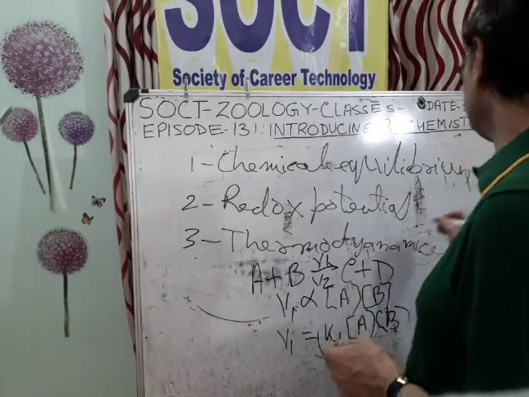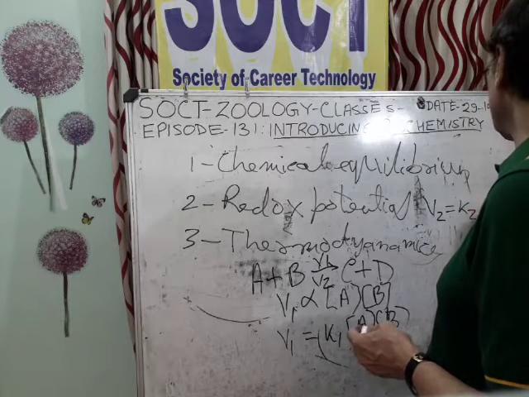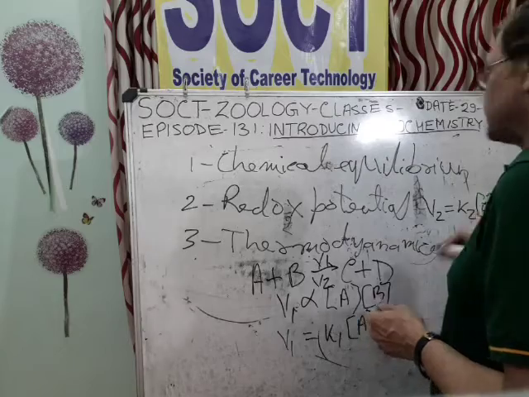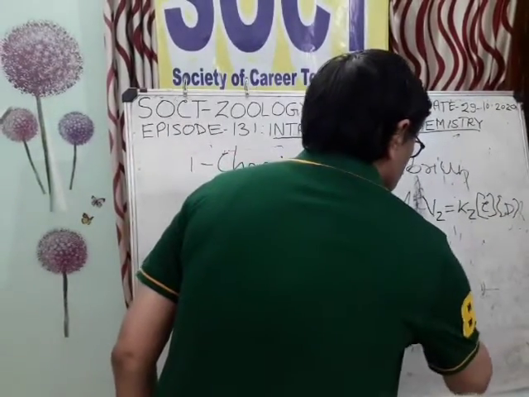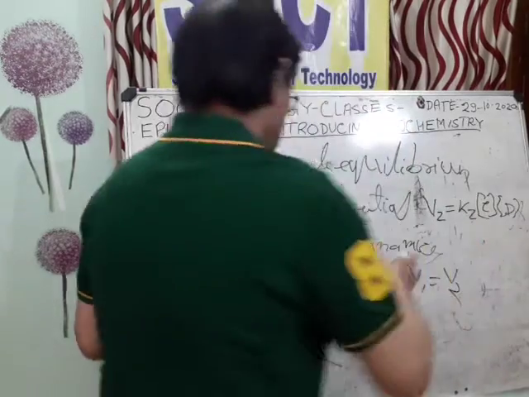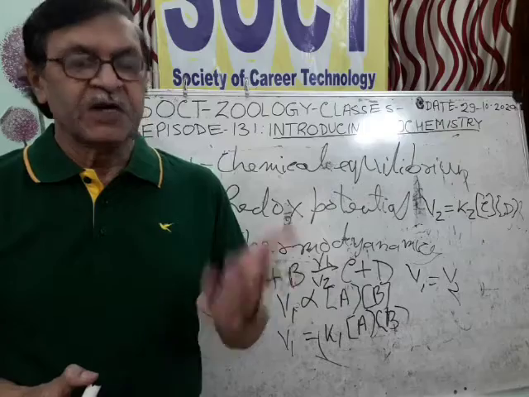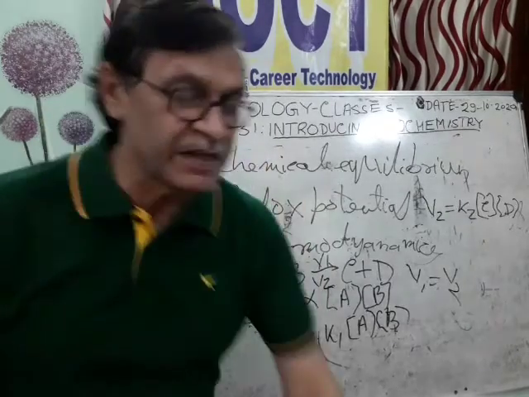And for that, V2 will be equal to another constant times the active mass of C into the active mass of D. At equilibrium, V1 will be equal to V2, so both rates will become equal. Now what will happen after equilibrium? How will the direction of the reaction be controlled?